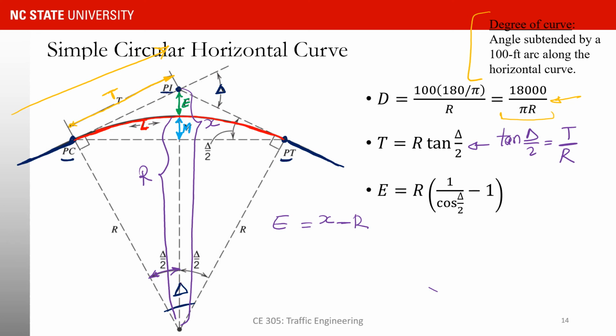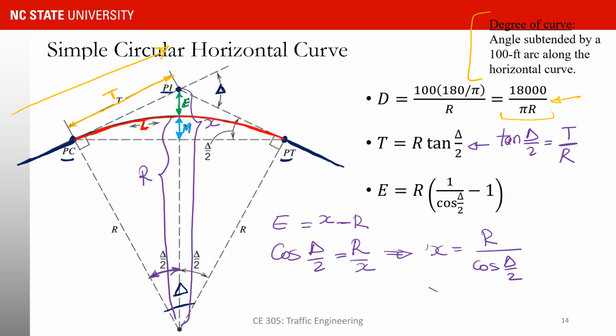So let's see what is X. If you want to find X, you can look into the previous triangle that I showed, and you know that cosine of delta over 2 is equal to R divided by X. As a result of that, X is R divided by cosine of delta over 2.